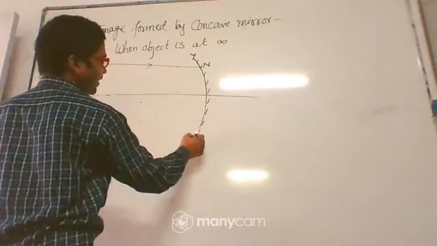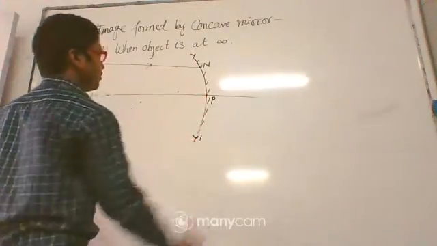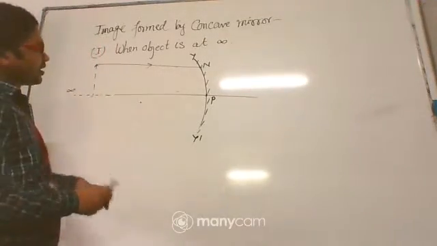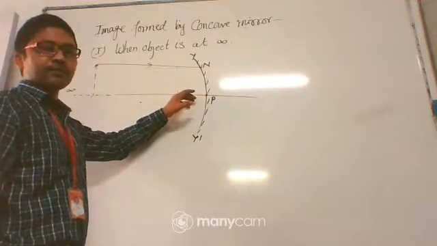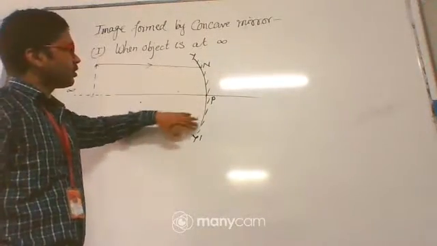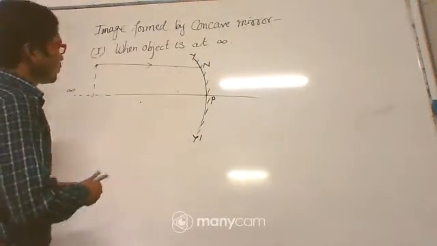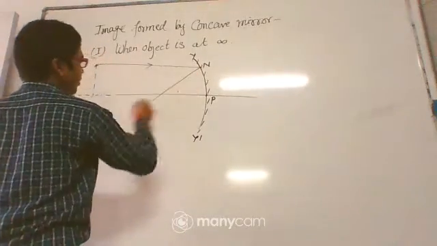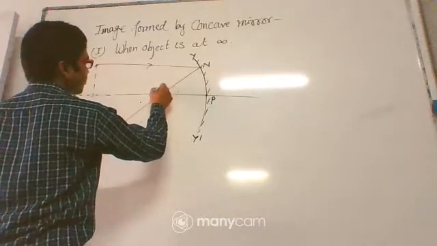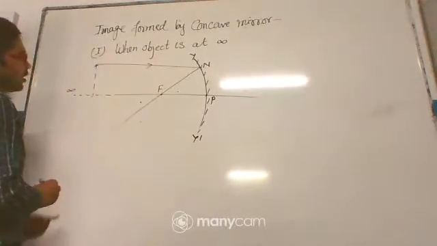The reflecting surface is Y dash, where P is the pole. Pole means the centralmost point on the mirror. After reflection, these light rays intersect at some point on the principal axis. The point is F.